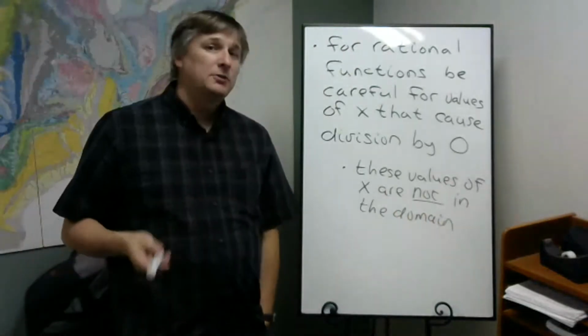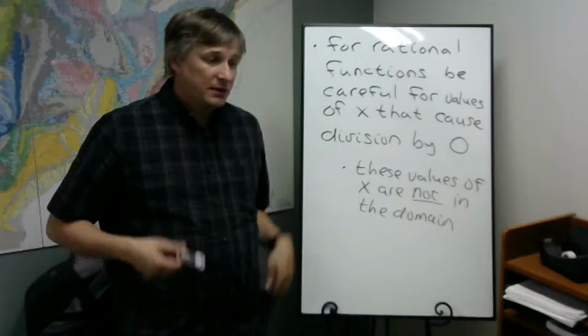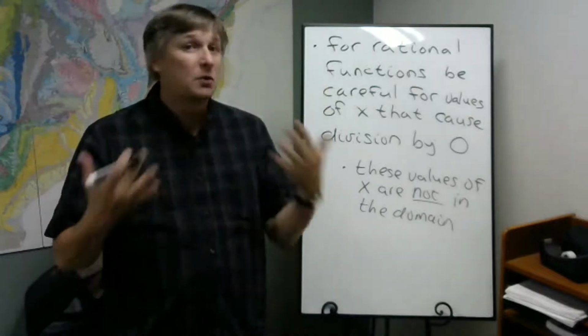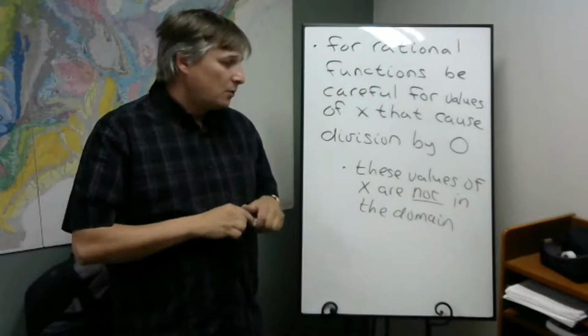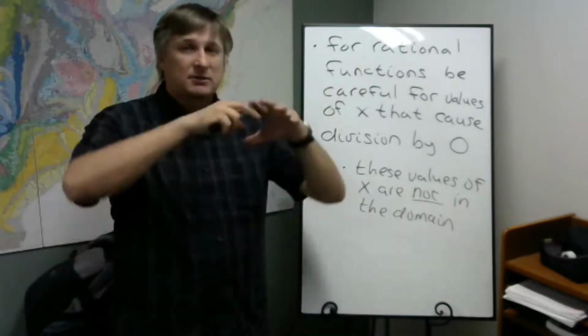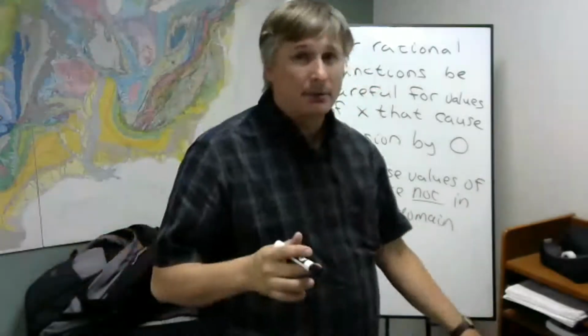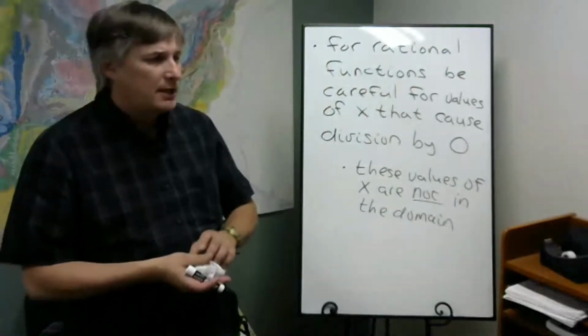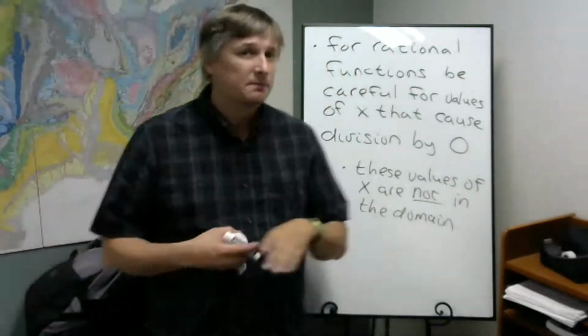So these values of x you want to be careful of, because when they cause a division by 0, we can't have division by 0. It causes all kinds of problems. So we're going to be on the lookout for those. Now, the top polynomial, the one on top, isn't going to be a problem. That can become 0, that's fine. It's the bottom one we got to be careful of.